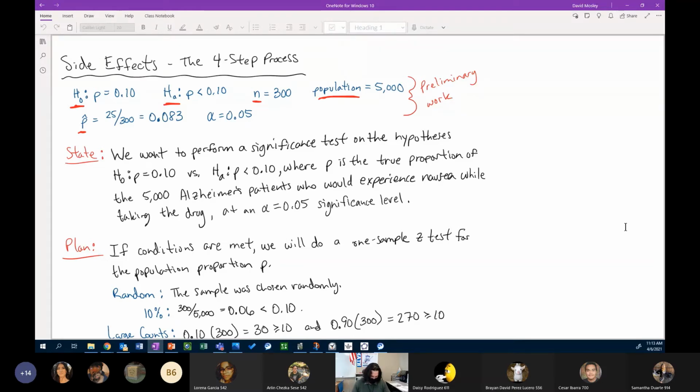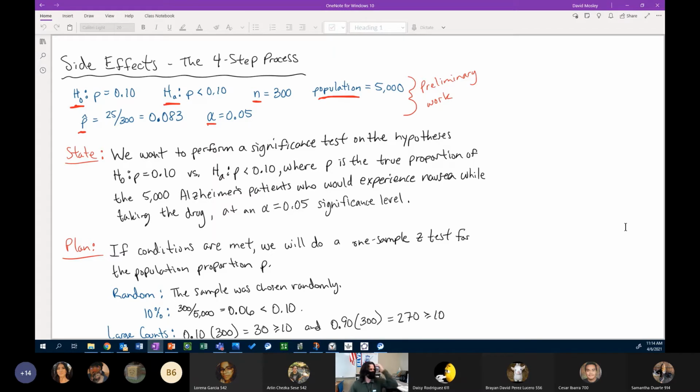And then my significance level, alpha, is 0.05. This is all the numbers, variables, and values that I can pull from the context. For getting organized, these are things that I want to have easy access to. I don't want to have to read back through the context to get these numbers.